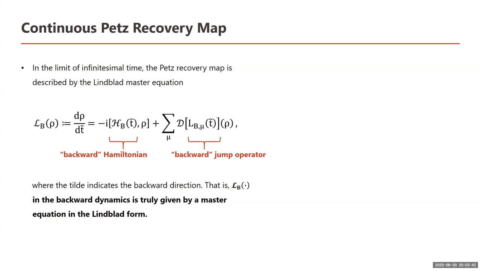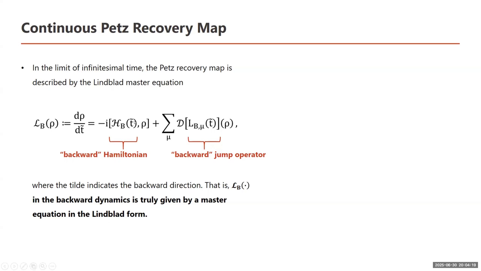In the limit of infinitesimal time, the Petz recovery map can be described as a Lindblad equation like this. It is similar to the equation I showed earlier, and is combined from two major terms. The first is the backward Hamiltonian, and the second one shows the dissipator generated from the backward jump operators.